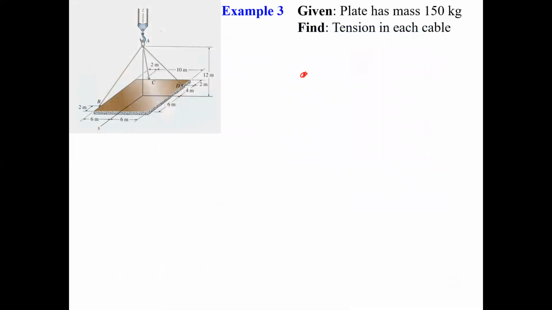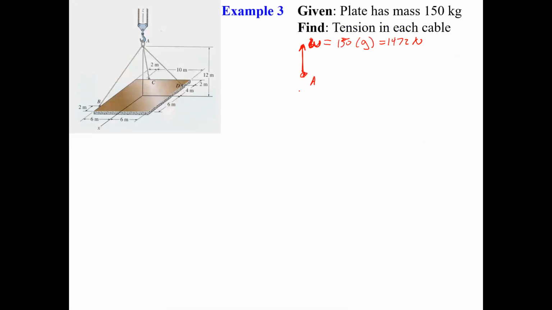So for the free body diagram of this one, we can look at A, the force pulling up at A. We know the plate has a mass of 150 kilograms, so the force pulling up at A has to be the same as the weight of that plate, which is 150 times g, which is 1472 newtons.